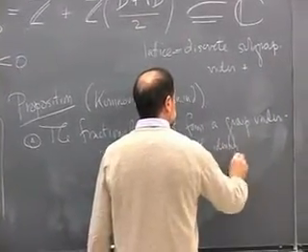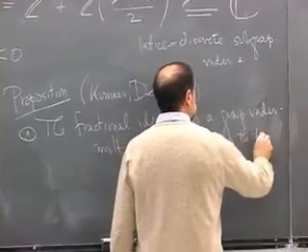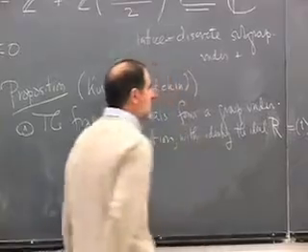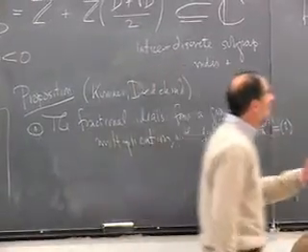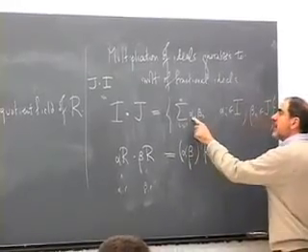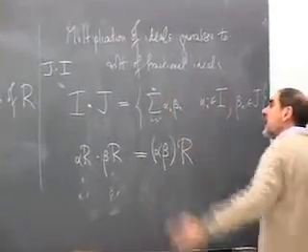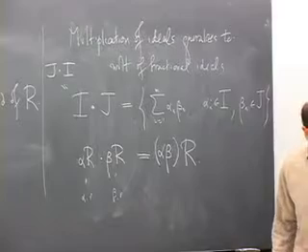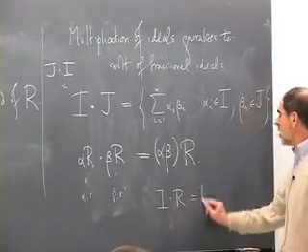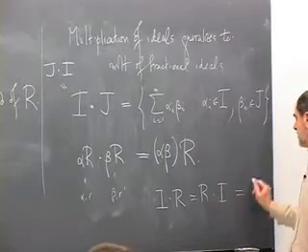The identity is the ideal R, which is generated by 1. If you multiply any ideal by R, you're just summing up the elements in that ideal times elements in R, which are just elements in that ideal. So that's pretty clear, that I times R is equal to R times I, which is equal to I.